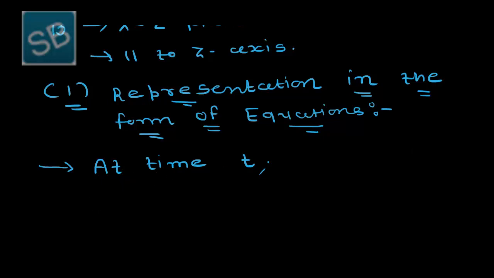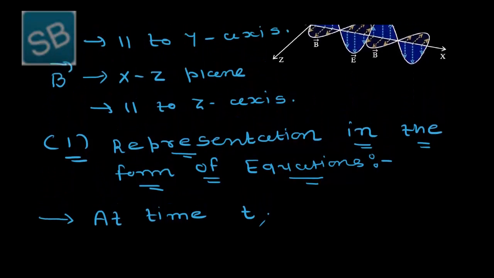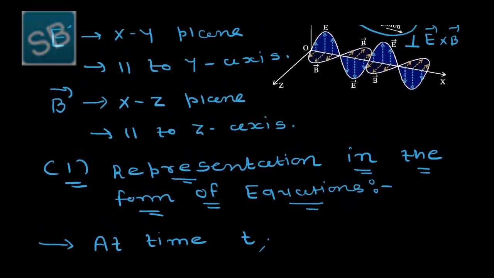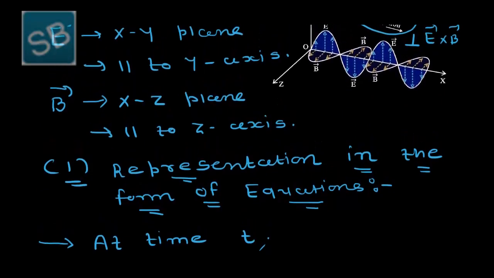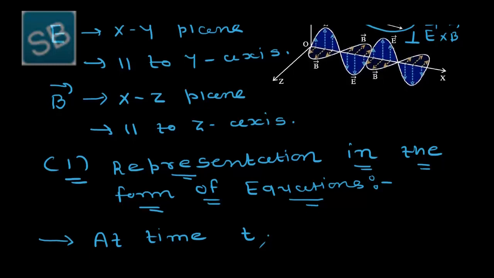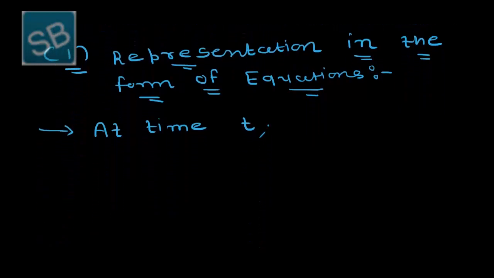But here we have seen that the electric field is parallel to the y-axis, and so the components in the x direction as well as in the z direction will be 0.